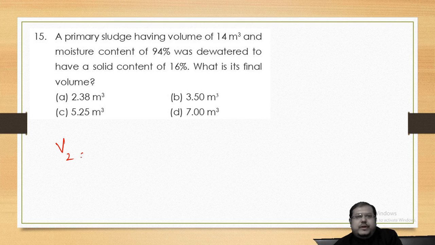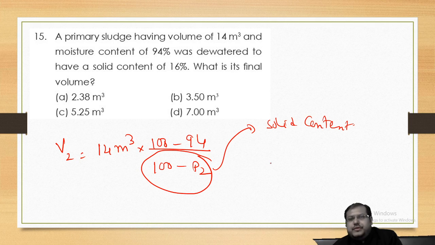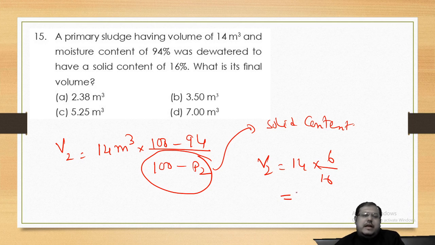So V2 will be equal to 40 meter cube V1 into moisture content, 100 minus P1 by 100 minus P2. Not total; 100 minus P2 is actually the solid content, right? Obviously, V2 will be 14 into 6 by 16. So you're going to get it as 5.25 meter cube. Clear?